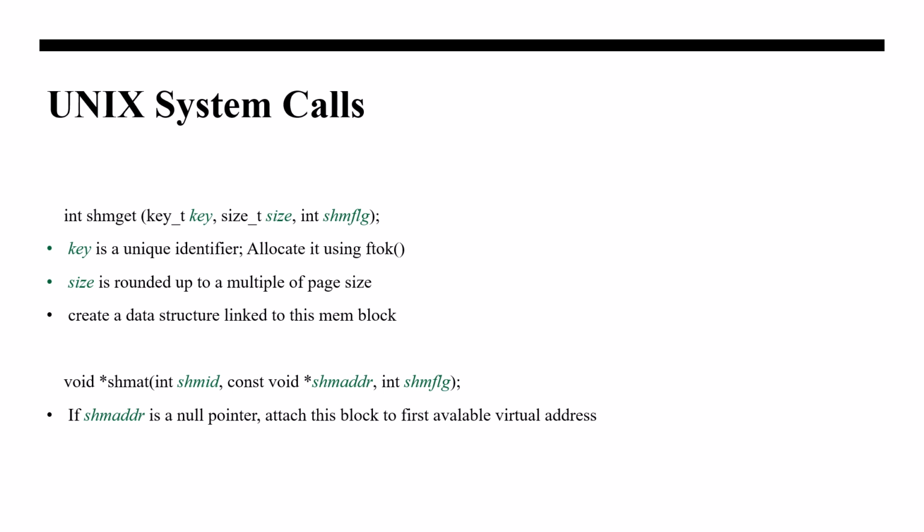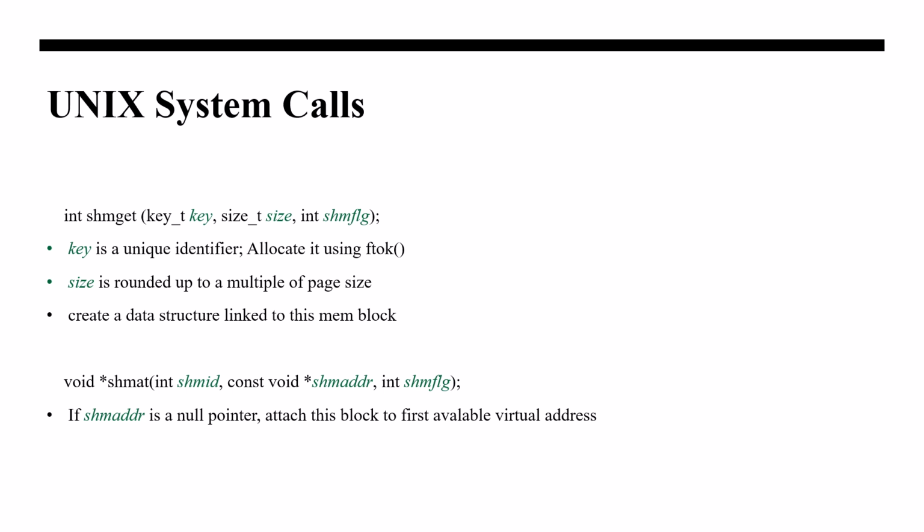And the next function is shmat, the shared memory attach function. This is the one that attaches the physical block to each process's virtual memory space. It returns a pointer. The pointer is the beginning of the virtual memory space. It indicates which part of your virtual memory space is mapped to the physical memory.